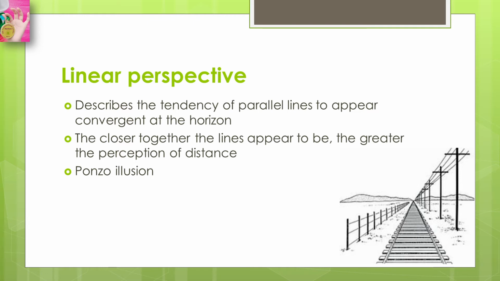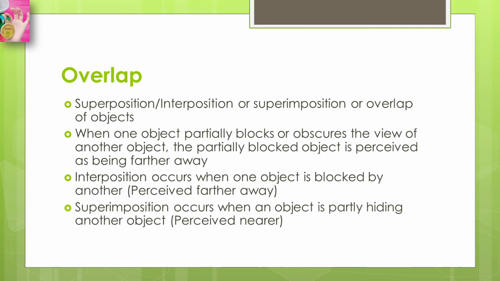The Ponzo illusion is also one of the terms discussed under the topic of linear perspective. According to the Ponzo illusion, the closer together the lines appear to be, the greater the perception of distance there is.